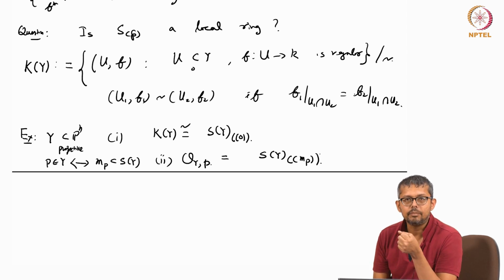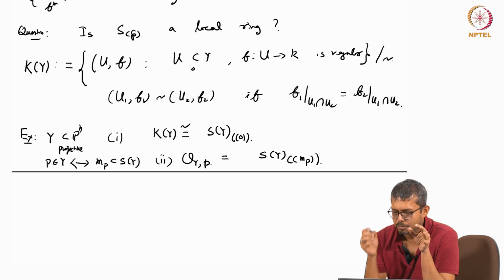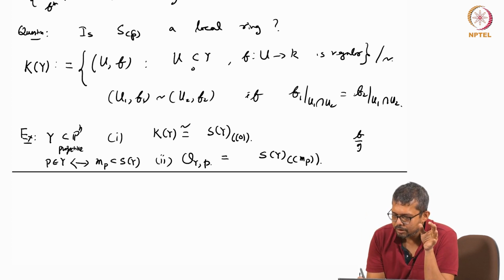The point is that whenever you think of regular functions on a projective variety, you just consider the degree 0 part, because after all the function should be well defined on lambda x and x; they should be the same. Intuitively, f by g of lambda x is f of lambda x by g of lambda x, right?